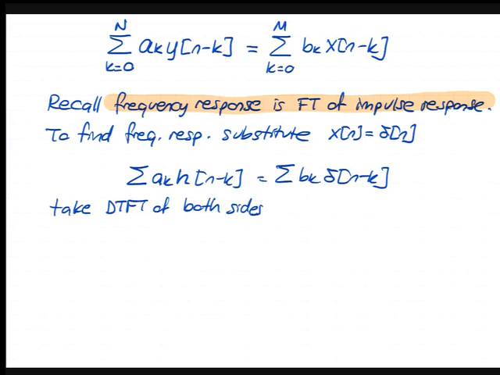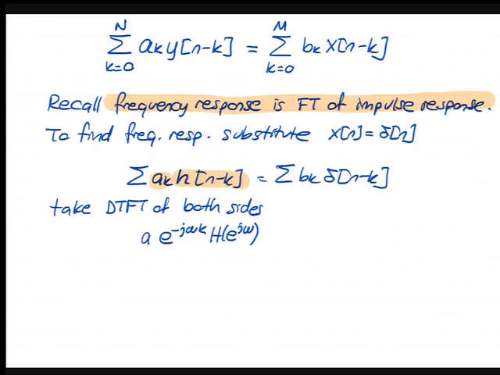So forget about the summation for now. What is the DTFT of this in terms of the DTFT of h? What property do I need? Time shift. So I'm going to get e to the negative j omega k times the DTFT of h, which is my frequency response. And then how do I account for a_k?